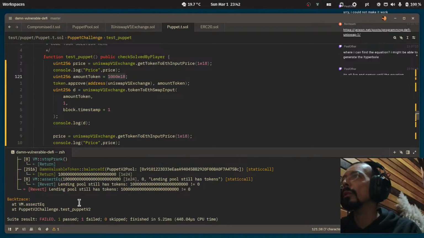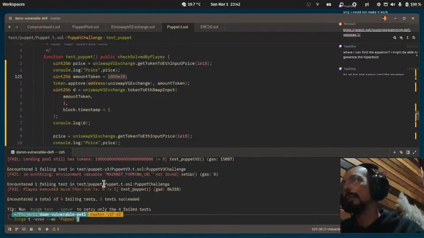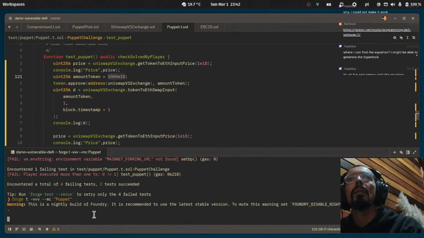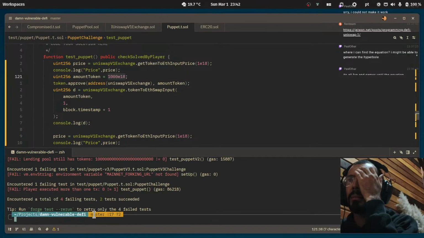It's not showing consoles. Okay, so let's... oh my goodness, it's a LSV. Sorry, I cannot make it work. Yeah, it's missing something in the formula.